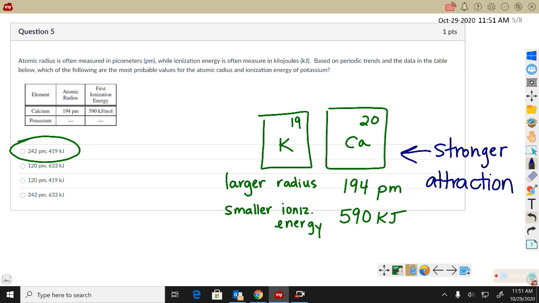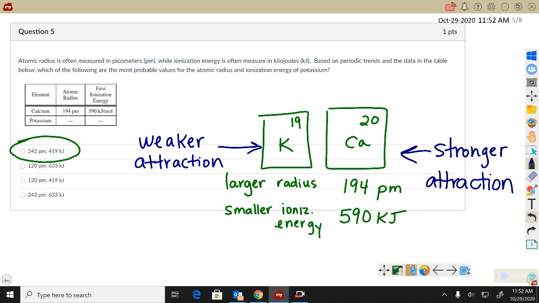Okay, so a stronger attraction, which then means that potassium would have a slightly weaker attraction between the nucleus and the electrons. Well, if the attraction is weaker, that should make the atom a little bit bigger. So I'm looking for a radius that measures a little bit greater than 194. So yeah, that 242 seems reasonable.